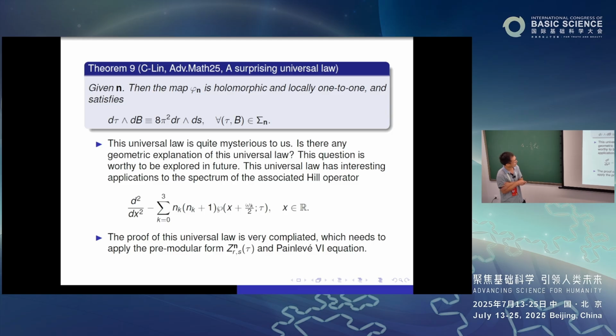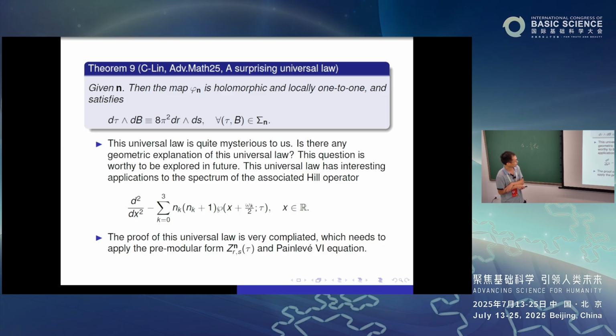We prove that this phi_n is holomorphic and locally one-to-one and satisfies this identity for any n and any tau, B. First, the constant is independent of tau and B, and second, this constant is universal, a pi squared, independent of n. But so far we cannot find a geometric expression of this universal constant.